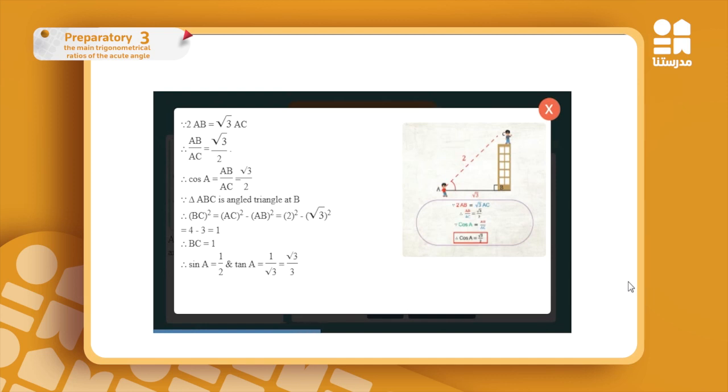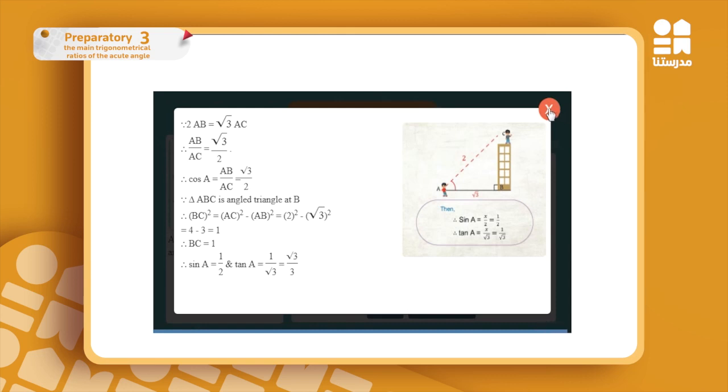From the given, 2AB equals square root 3AC. Then AB over AC equals square root 3 over 2. Since cosine A equals AB over AC, then cosine A equals square root 3 over 2. By assuming that the third side has a length x, and by using Pythagoras' theorem, we deduce that the value of x equals 1.